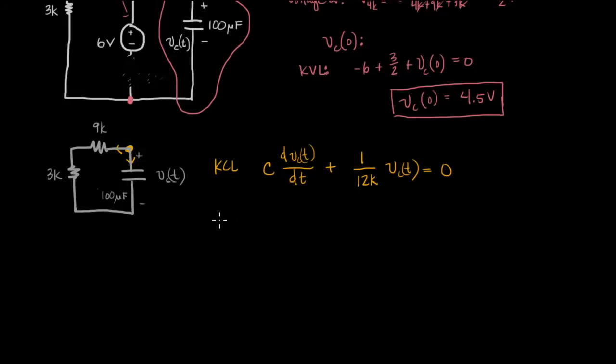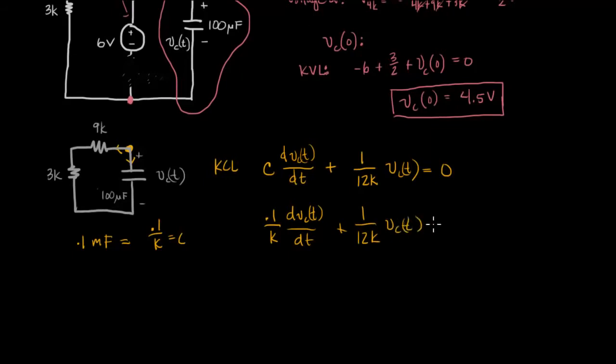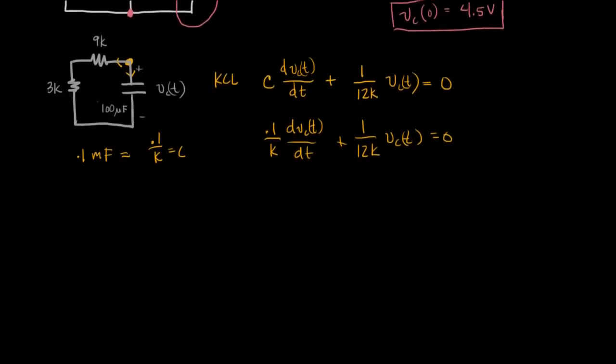So to do that, I can simply say that 1 microfarad is equal to 0.1 millifarads, and 0.1 millifarads is the same as 0.1 over K. Okay, so I'm going to rewrite this in for C. So I get 0.1 over K dVc(t)/dt plus 1 over 12K Vc(t) equals 0.